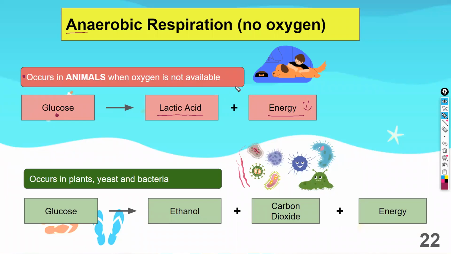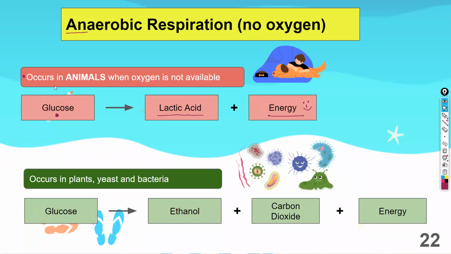Do you all think that that lactic acid is good or bad for you? What do you all think? It's bad, right? Lactic acid is bad for your body. It's toxic. Too much of it can actually kill you.